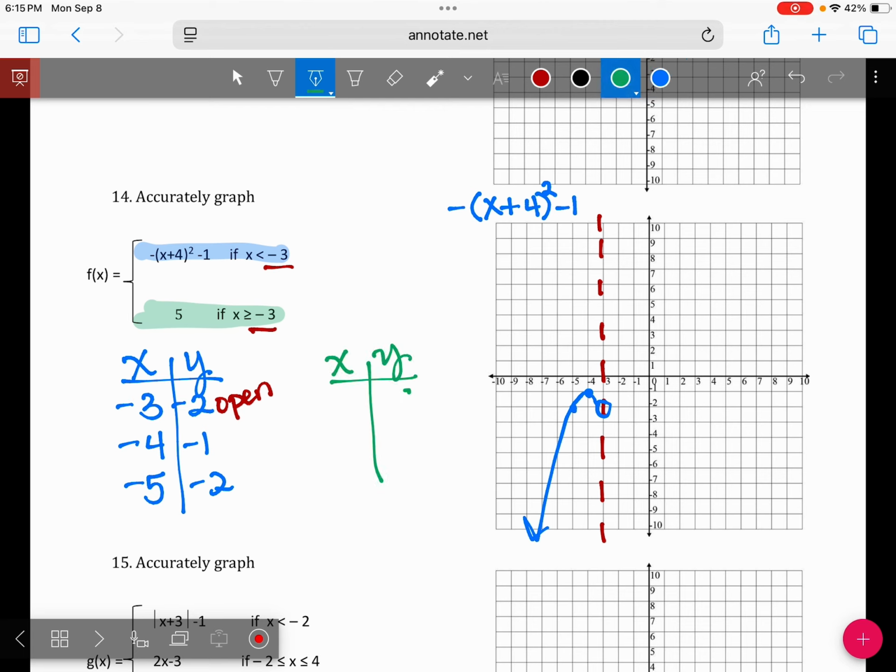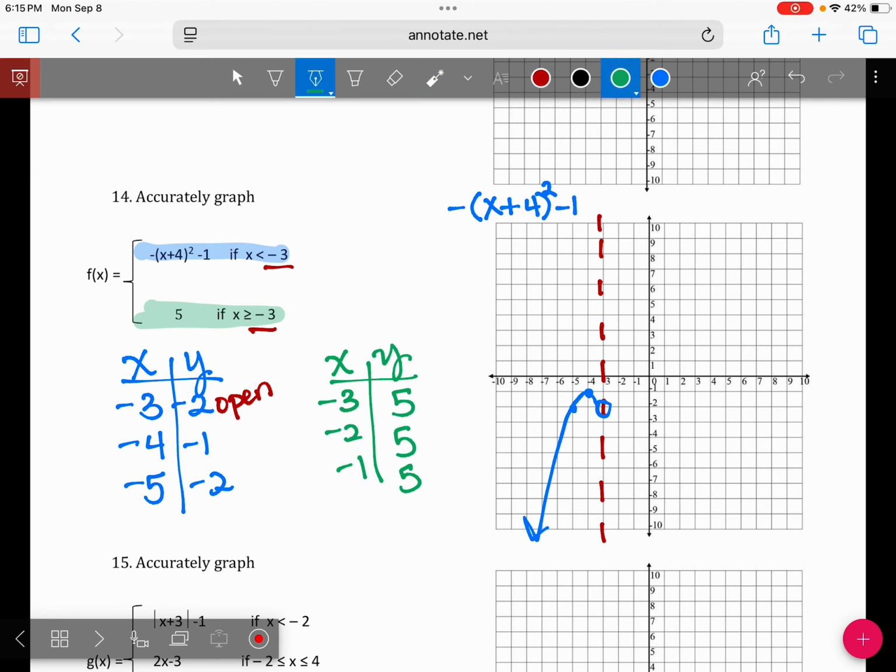So if you were to make a chart, the only number you can put for y is 5, starting with x is -3. And again, using these numbers on this side of my red fence, y will always be 5.